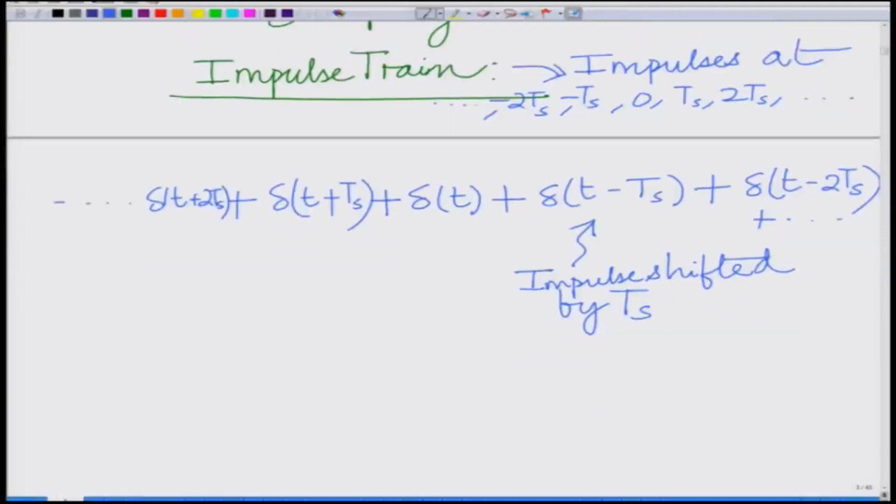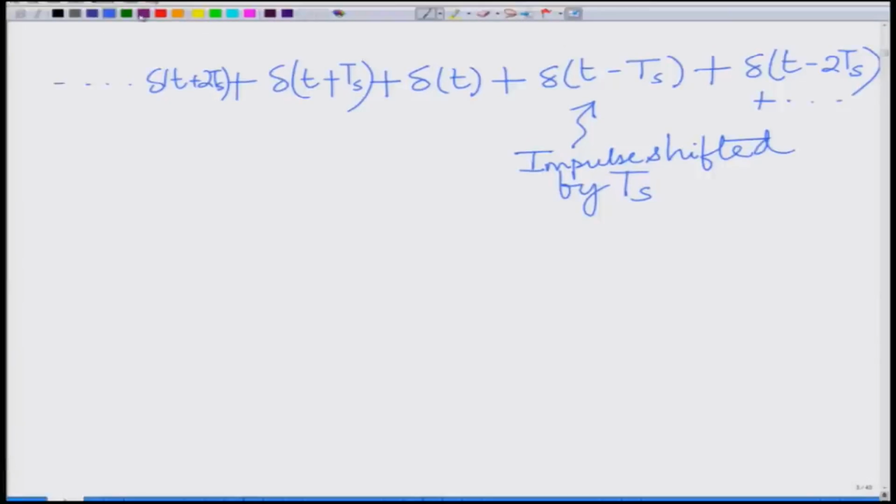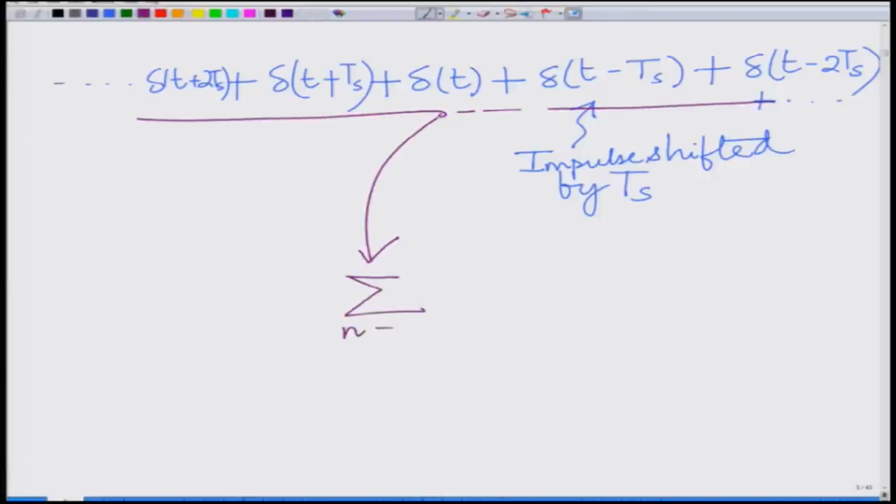And therefore, this train of impulses can be represented as summation n equal to minus infinity to infinity delta t minus n Ts.